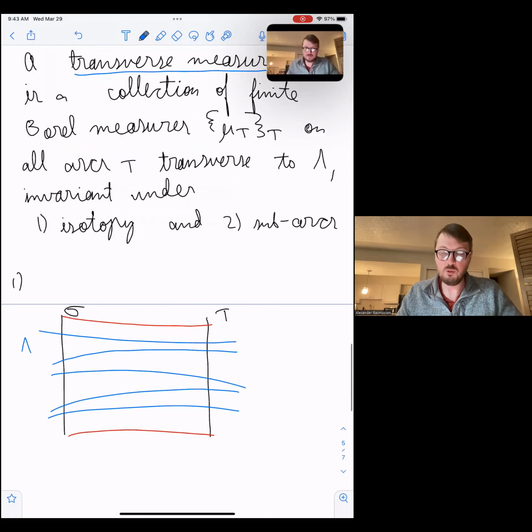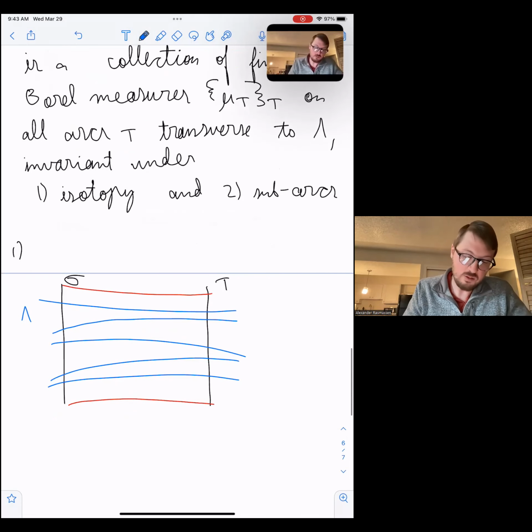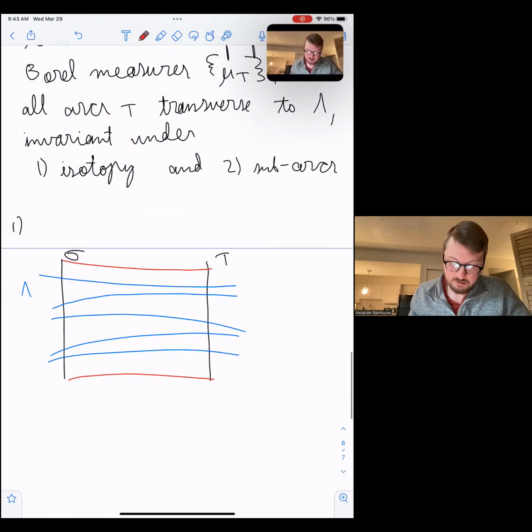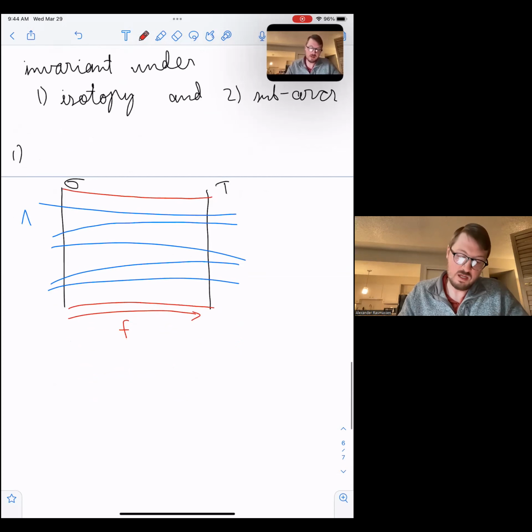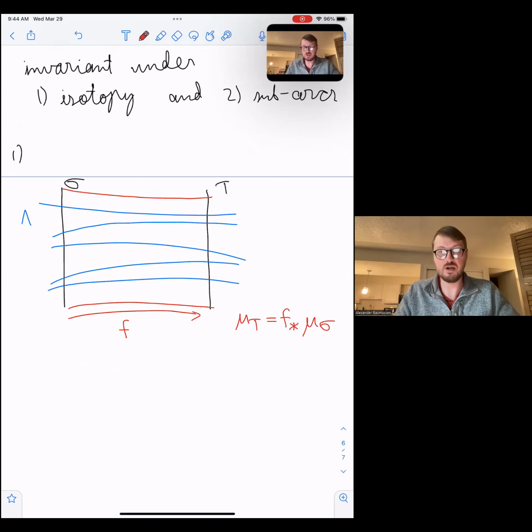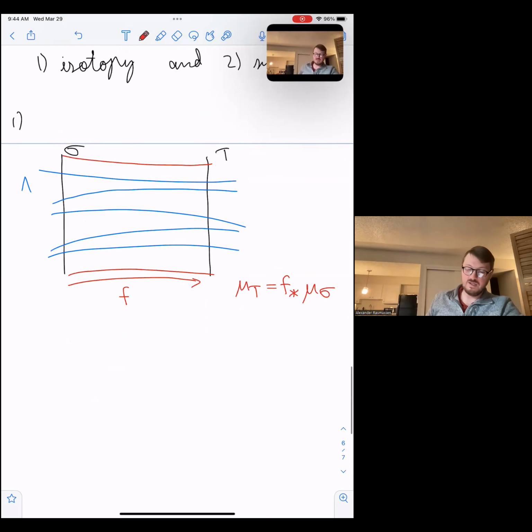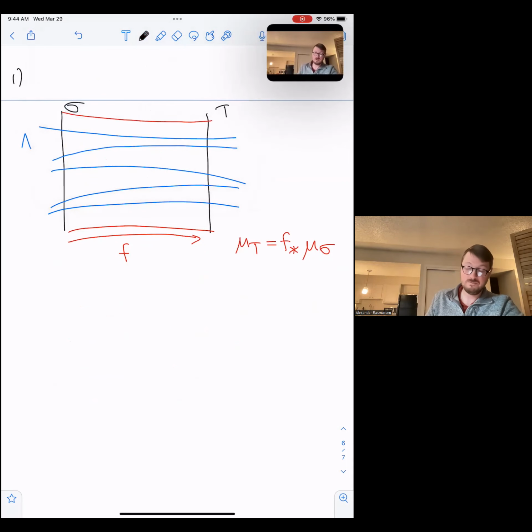And we want the measures on sigma and tau to be the same in some sense. And the way we quantify that is as follows. If we follow this isotopy for all time, at time one, we get F, which is a homeomorphism from sigma to tau, respecting the intersection with lambda. And what we want is that the measure on tau is just the push forward of the measure on sigma under F. So this is saying that the measures are the same in some way.